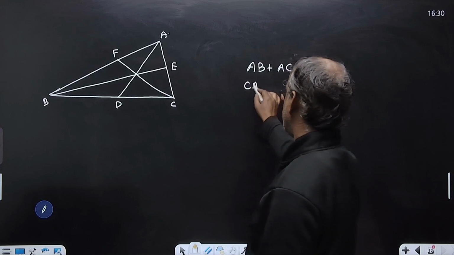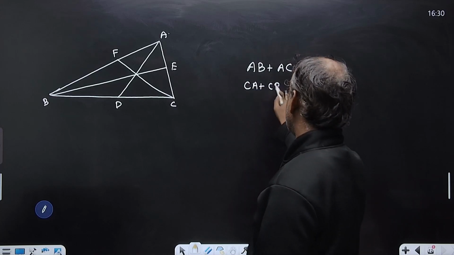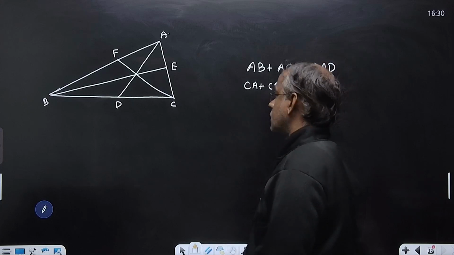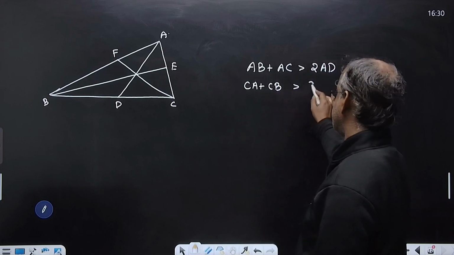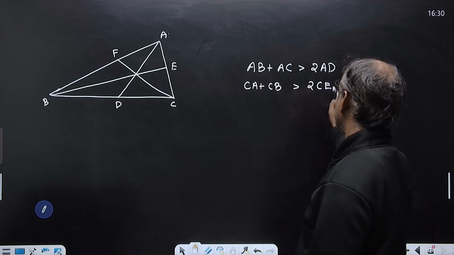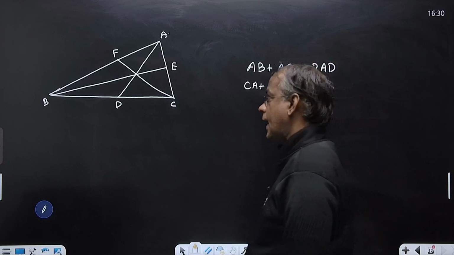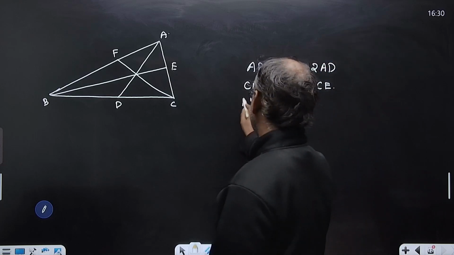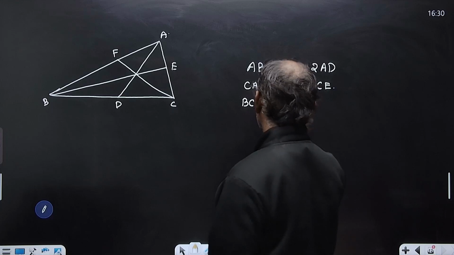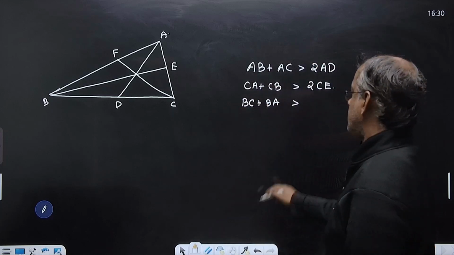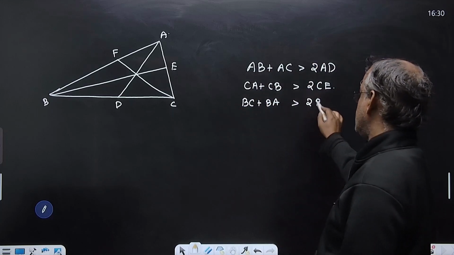Similarly, CA plus CB is greater than 2CE, and BC plus BA you will get is greater than 2BE.